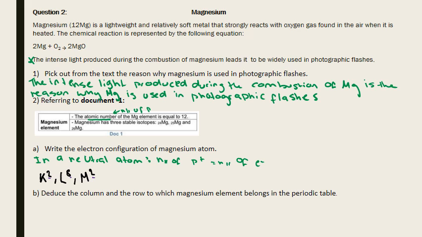Deduce the column and the row to which magnesium element belongs in the periodic table.